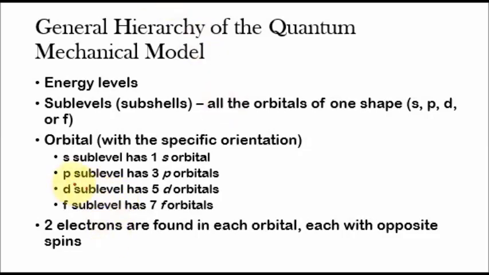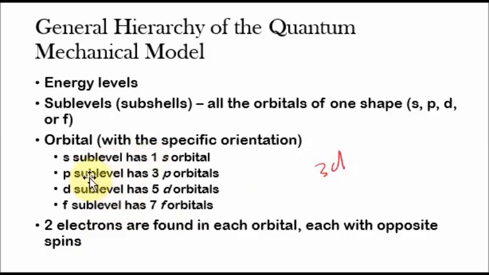Let's say 3d. It's very simple. We know that the d sublevel has 5 d orbitals, and each orbital is going to have 2 electrons, so it's just 5 times 2. So 5 d orbitals, within each orbital there are 2 electrons, so 10. That's the most it can have.